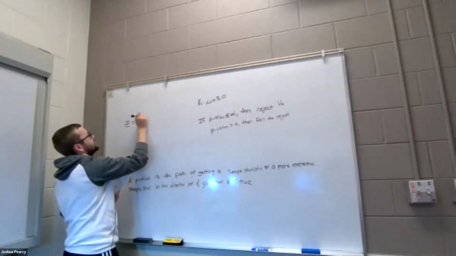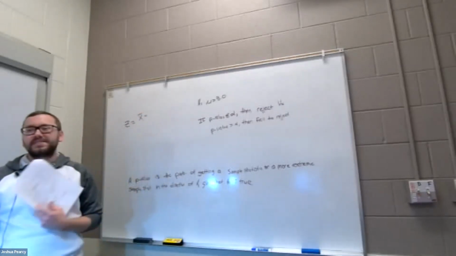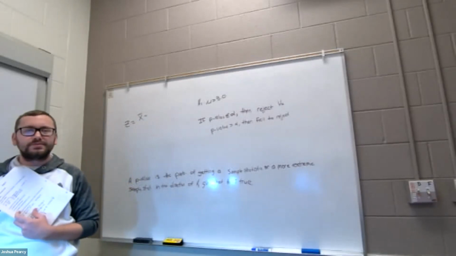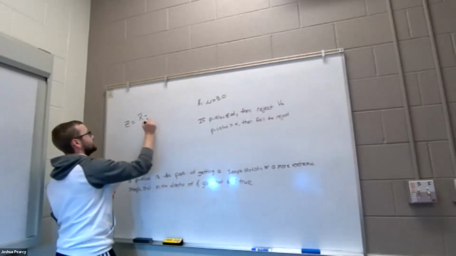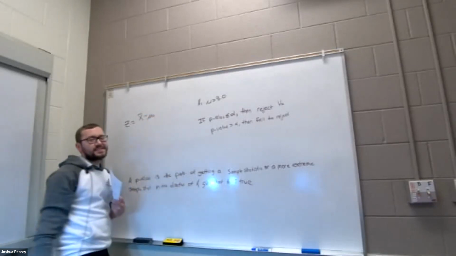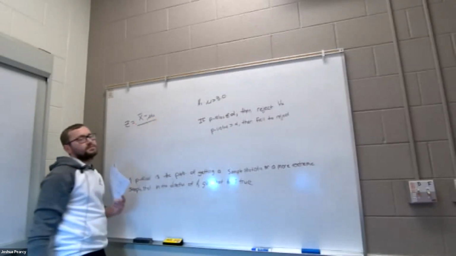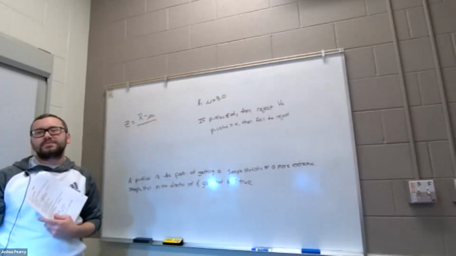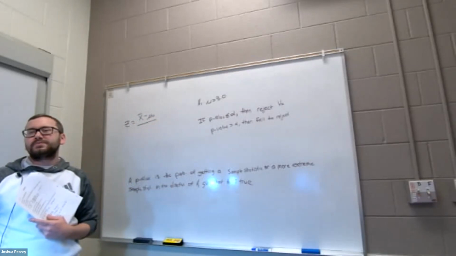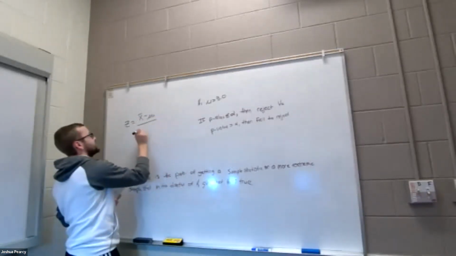The sample mean x bar. What is the hypothesized value? Mu naught. It's just the hypothesized mean under the null hypothesis. Now, what is the standard error? Sigma over the square root of n.